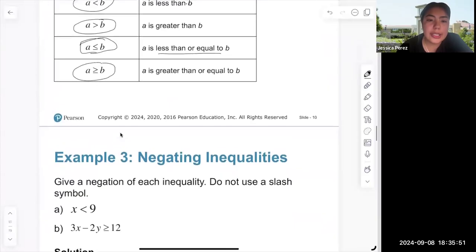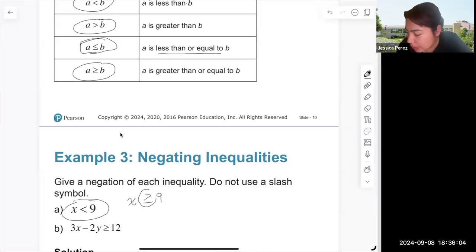Let's look at this one. Give a negation of each inequality. Do not use a slash symbol. So this is x is less than 9. If it's not less than, it would be x is greater than or equal to 9. This is special.